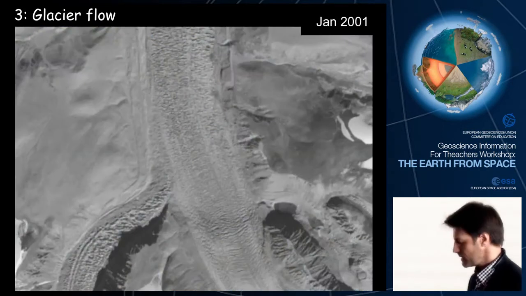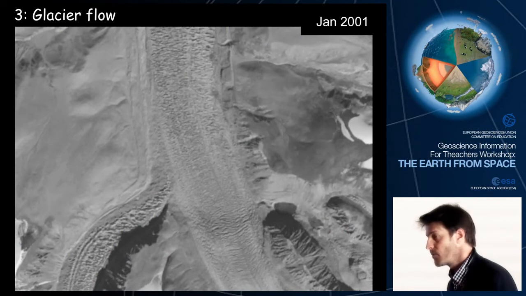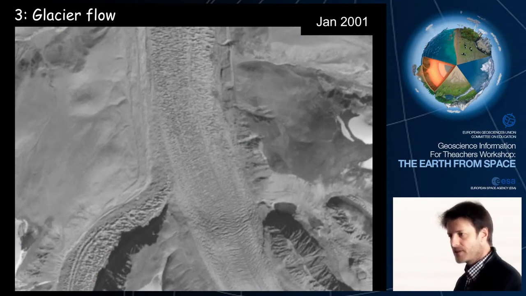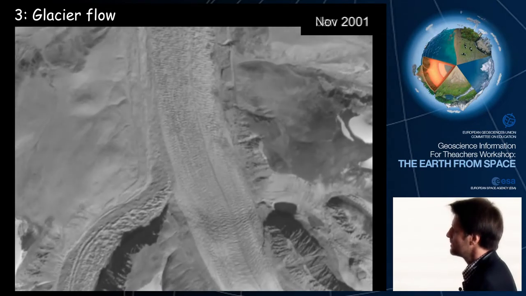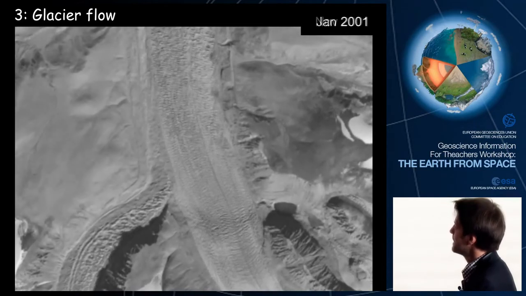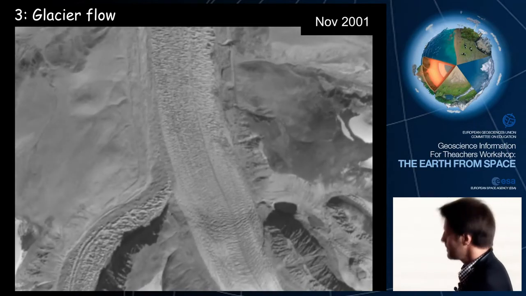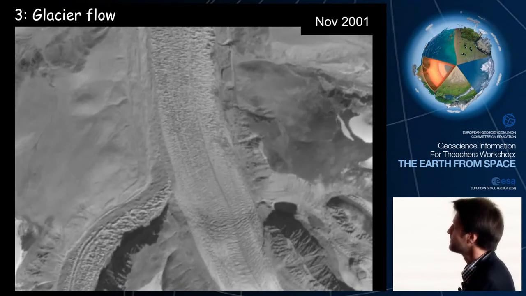And the method is to take repeat optical images and co-register them accurately so they fit together very well. And then you can overlay the two, and you see the glacier flow, I hope so. So these are images from January 2001 and November 2001, so nearly one year.